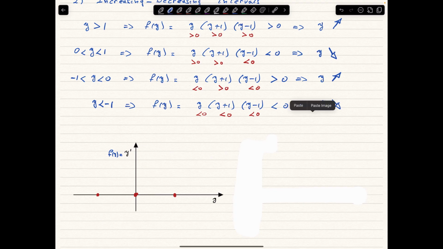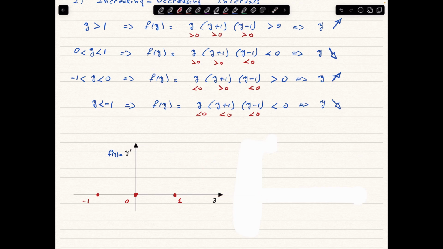And here we have a 1, then we have 0, and then we have -1 over here. And we said bigger than 1 over here, the function is positive, and when we go to positive infinity, everything goes to infinity.